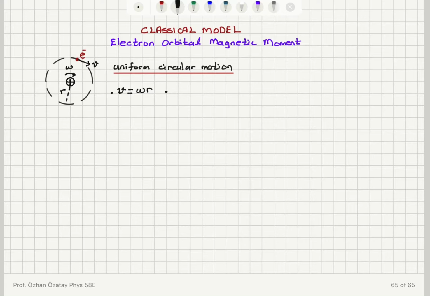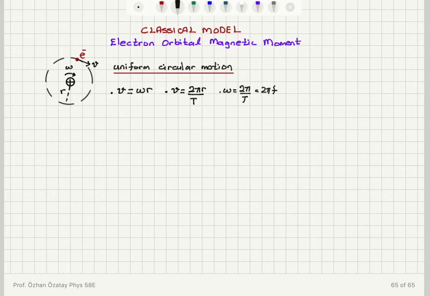The second important result is that the tangential speed v is the circumference of the circle, 2 pi r, divided by T, the period of the motion. Looking back at the first equation, also this can be written as omega is 2 pi divided by the period, or 2 pi times the frequency of the rotation.